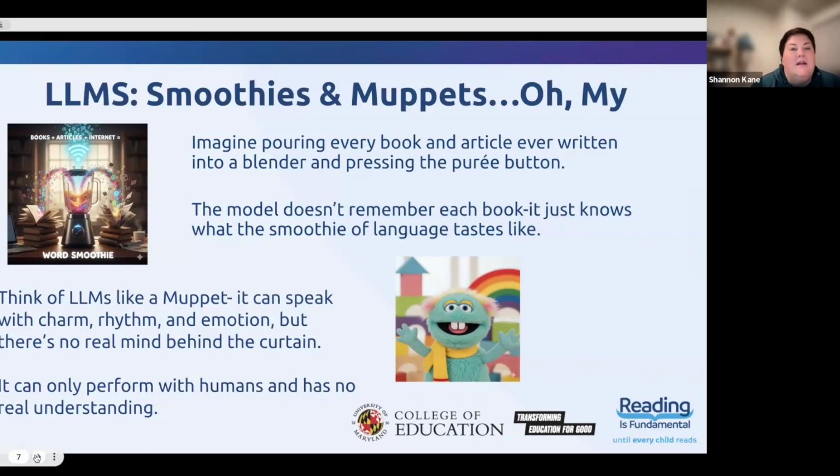But it's not automatically cheating, right? Like a dictionary, like spell check, it can be used as a support, as a tool, and it's all about the use. So the tool itself isn't problematic, it's the implementation of the tool, right? And so ideally, we want our tools to support our work, and in no way can it really replace it because there is no mind behind the curtain, right? Sort of like our Muppets.